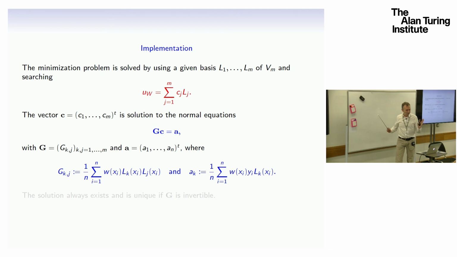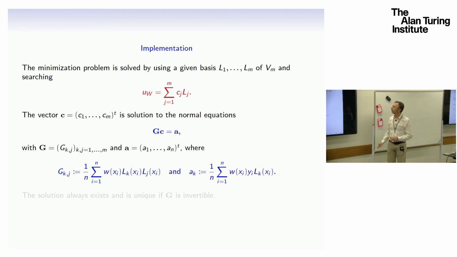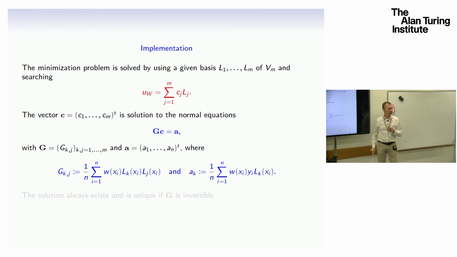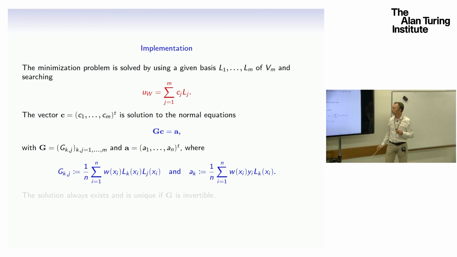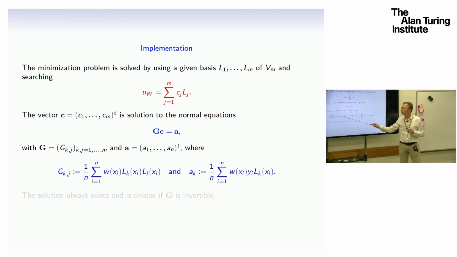Okay, why do people like least squares? It's because it's extremely simple to implement. For example, you introduce a given basis of your space, and you search for your solution in terms of this basis. Then you land in a linear system where the matrix is this empirical Gramian matrix. I say empirical because it's based on the design points xi from i equal 1 up to n.